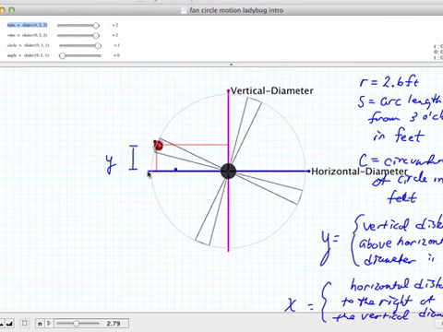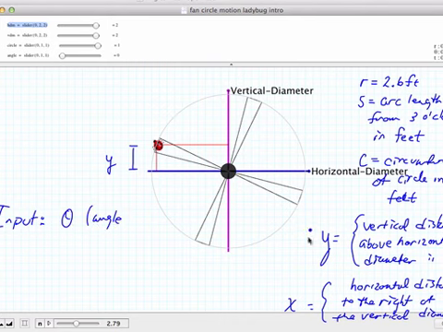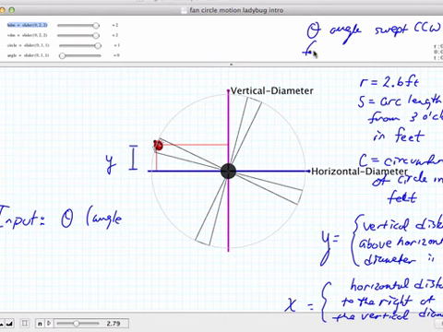So the functions we're going to be working on, their input is going to be theta, the angle. We never said that as a quantity. So theta is the angle swept counterclockwise from the 3 o'clock position.